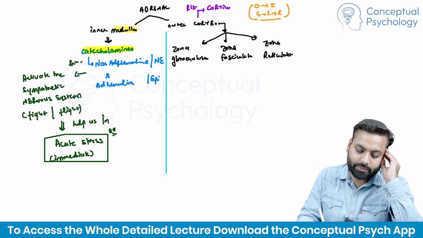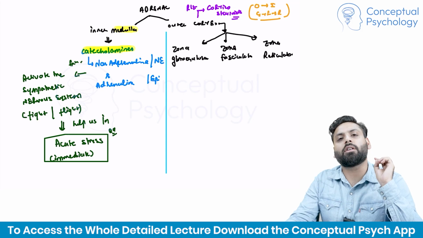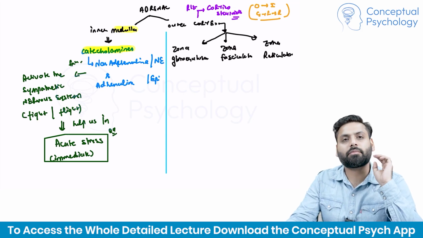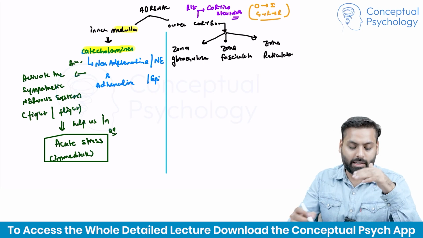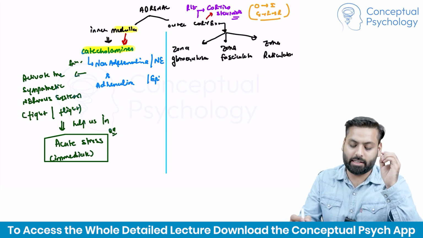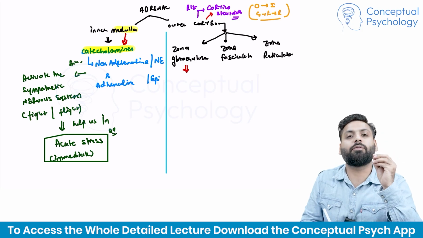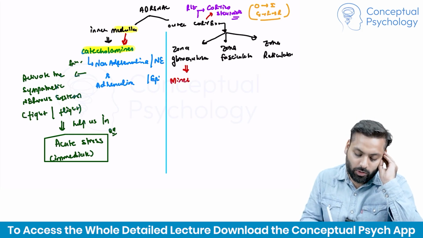corticosteroids. The medulla releases catecholamines. The cortex releases corticosteroids. So zona glomerulosa releases which type of corticosteroid? It releases mineralocorticoids.